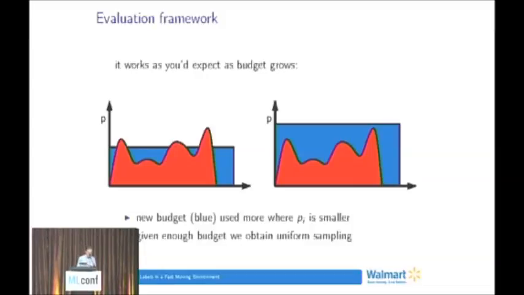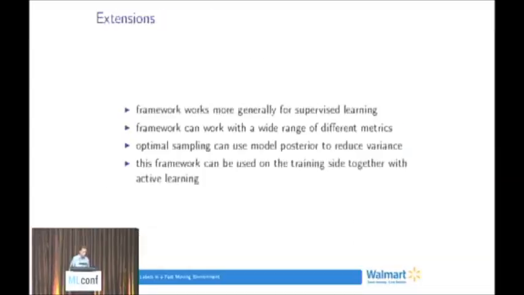Now, the last thing that I want to mention is that to make things simpler, I'm talking about classification and accuracy, but all of this framework can work very naturally, not just for classification, but for supervised learning in general. So anytime you have labels, this can work. And it doesn't just work for accuracy, it works for a whole range of different metrics.